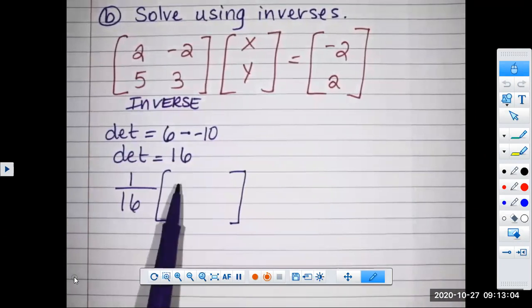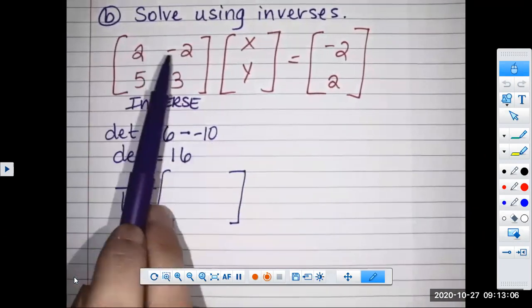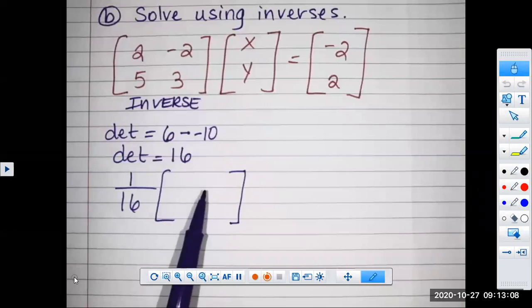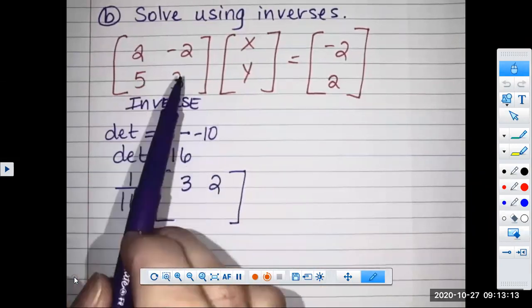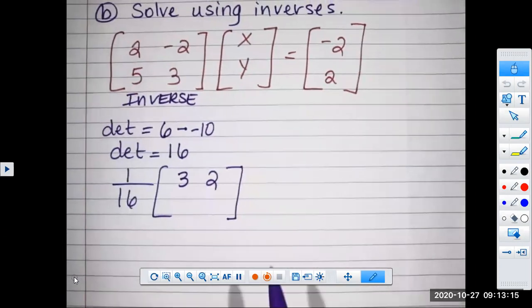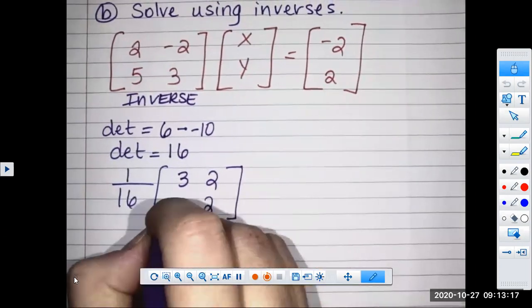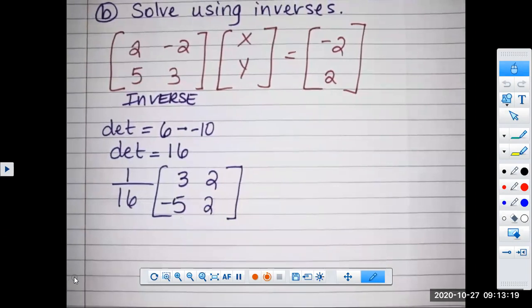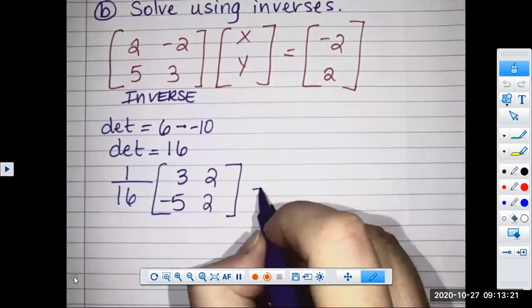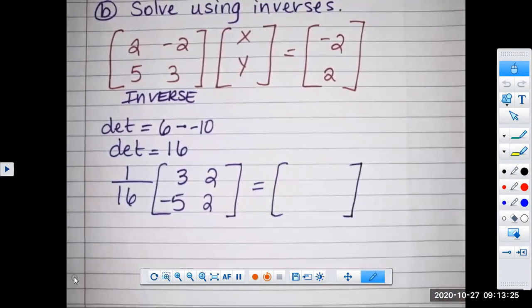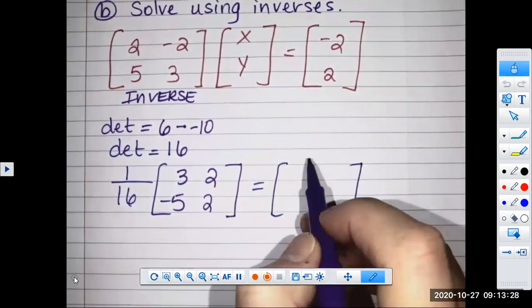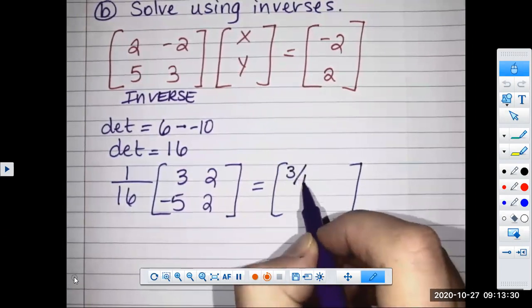Tell me, what does this first row of elements become? Good, 3 and +2. What about the second row? Good, -5 and 2. Distribute the 1/16.